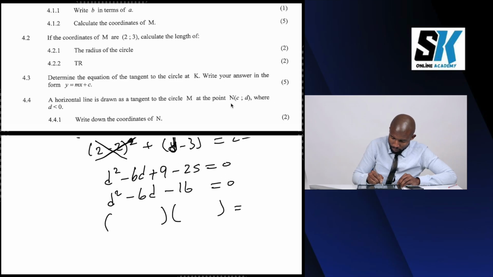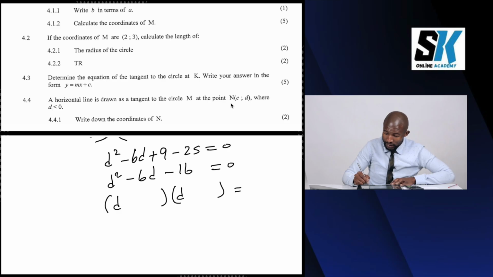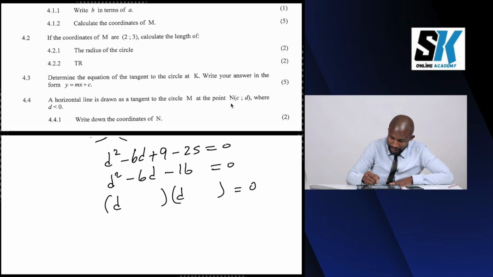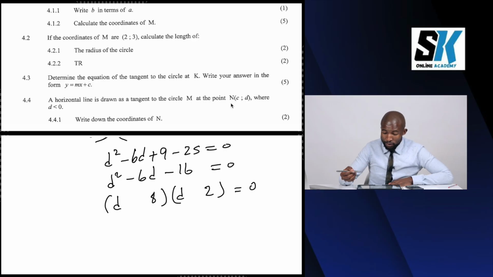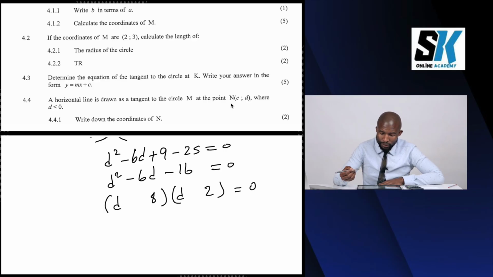So for the value of d, you're going to say (d )(d ), both equal to 0. This is simple algebra. Then we know it's 8 and 2, so it's negative 16, meaning that your signs have to be opposite of one another. One has to be positive and the other has to be negative.